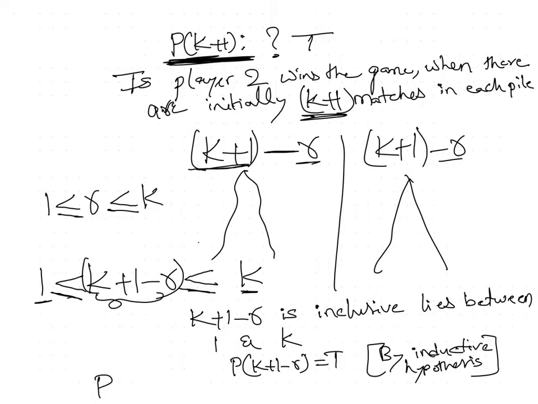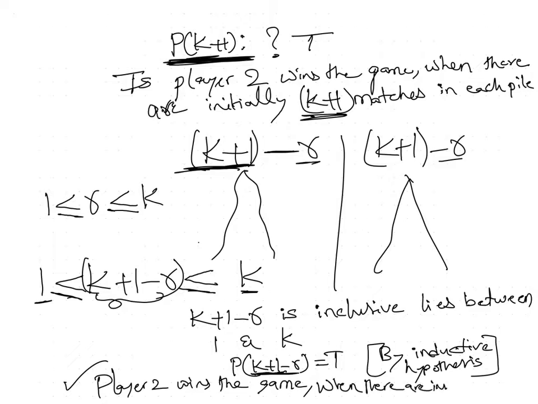I can say that player 2 wins the game. But initially how many matches are there, before concluding k plus 1 minus r is equal to true? K plus 1 matches are there. So that's why I can write that player 2 wins the game when there are initially k plus 1 matches in each pile.